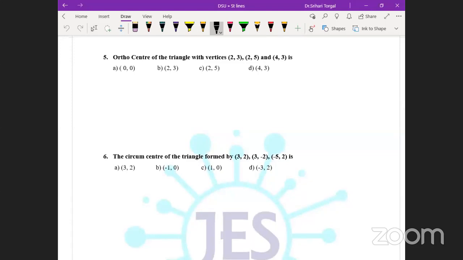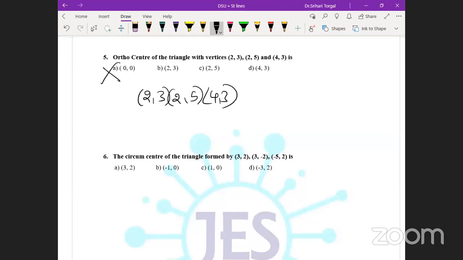No, option A is not the answer. Orthocenter is the point of intersection of altitudes of the triangle. Yes, I'll tell you one technique. 2, 3, 2, 5 and 4, 3.